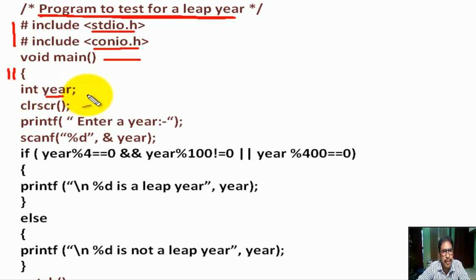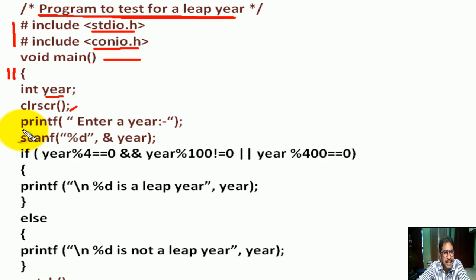Here is the declaration of integer variable year. Next, clrscr function, semicolon. The clrscr function clears the screen before running the program. Okay.